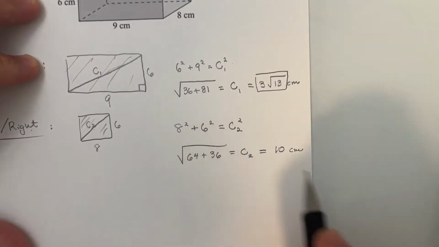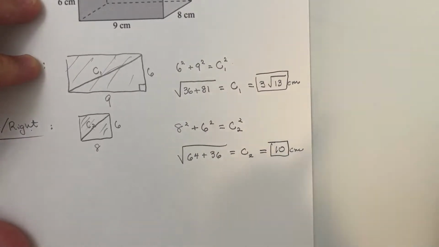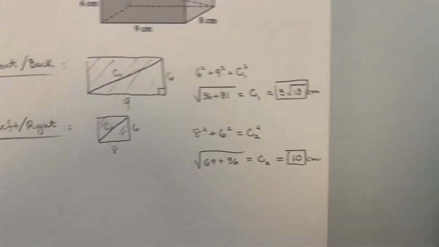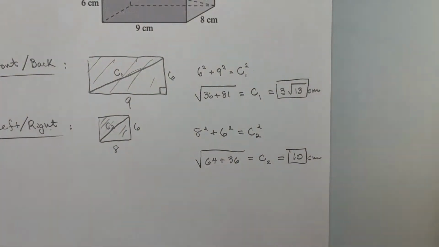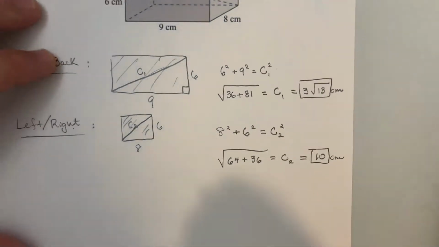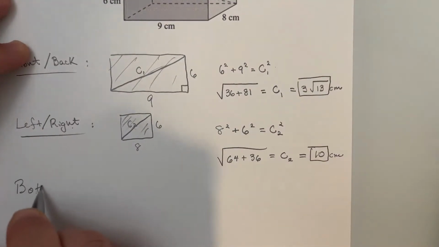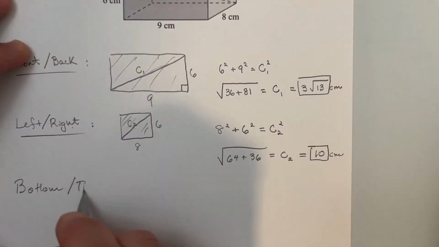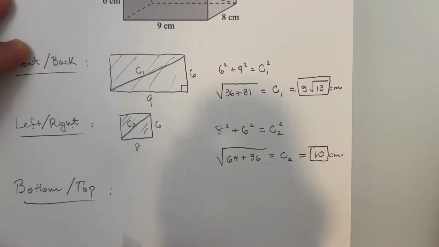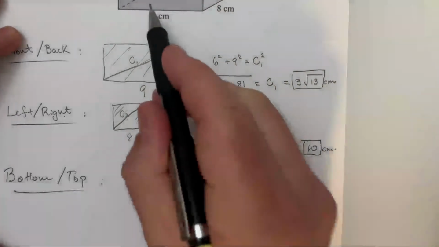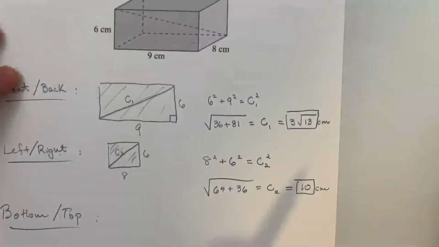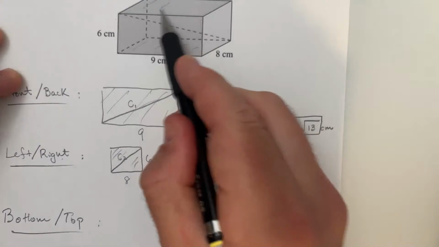Technically it's centimeters. But I'd be okay if you just box the number. And then bottom and top. So this thing and this thing.